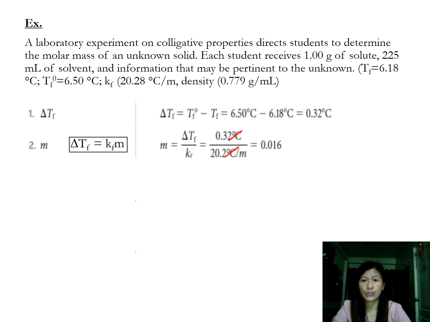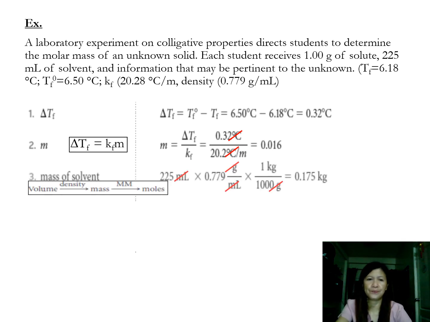Substituting the values, we have the freezing point depression calculated in step 1, 0.32 degrees Celsius, divided by the given freezing point depression constant 20.2 degrees Celsius per molal. You cancel degrees Celsius, you now have 0.016 molal.